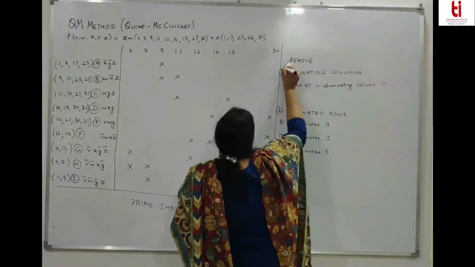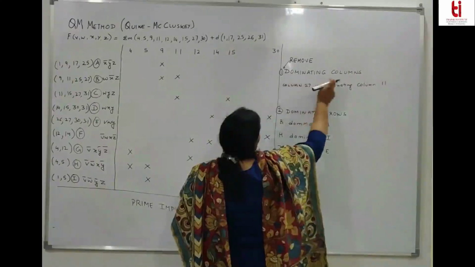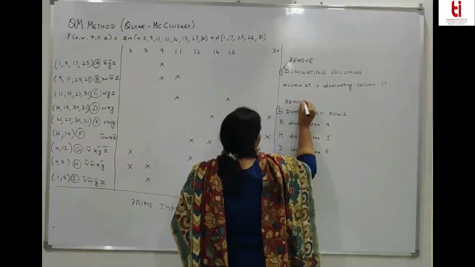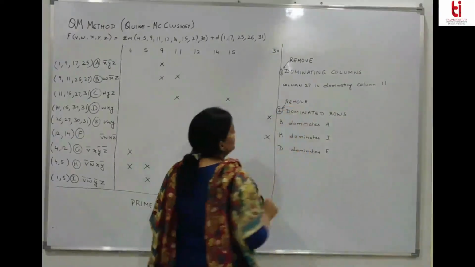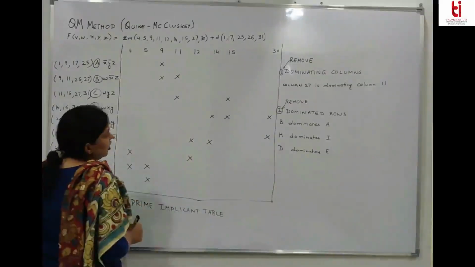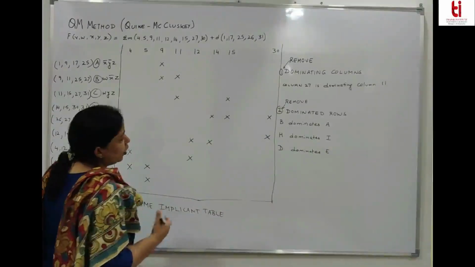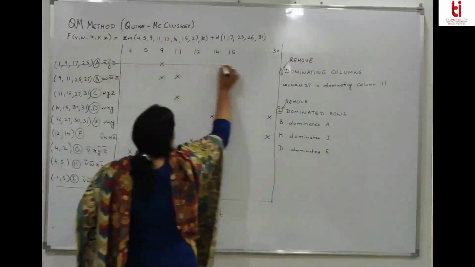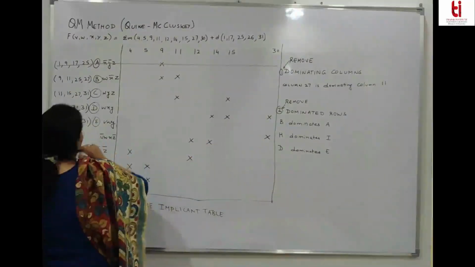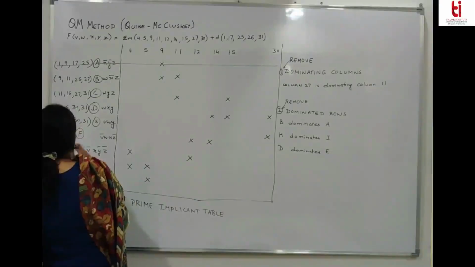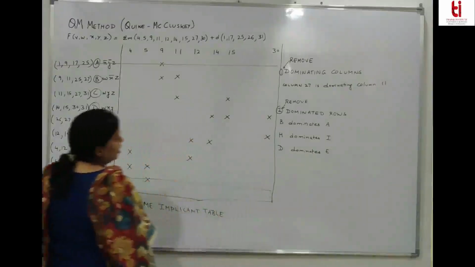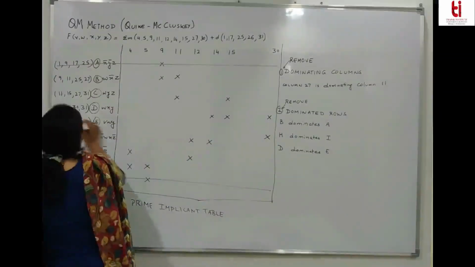Remove dominating columns and then, this is the second step, remove dominated rows. So B dominates A, so the dominated row is A, delete this. Where is I? Delete this, and D dominates E, delete this.